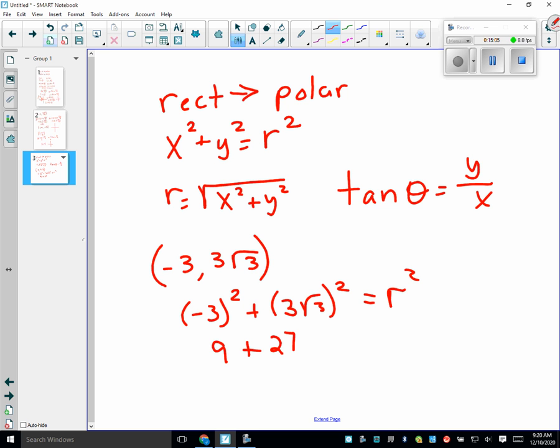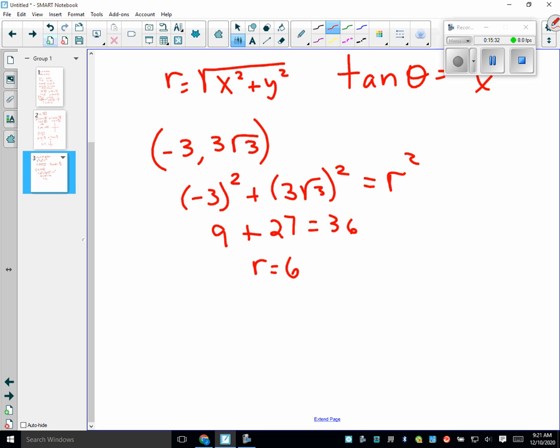Oh, wait, don't I square this and square this, and multiply them together? I square the 3, I square the radical 3, and I multiply them together, which is 36. What is r? 6. Everybody understand r?